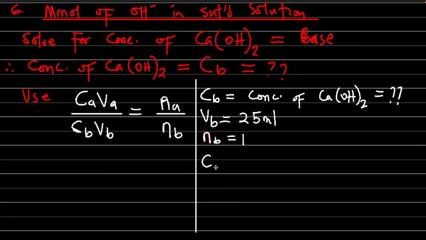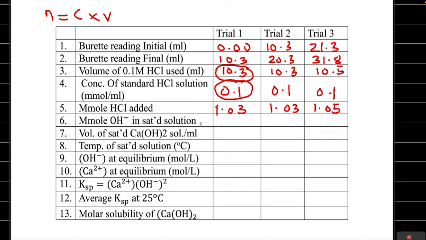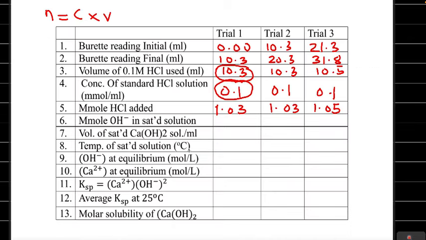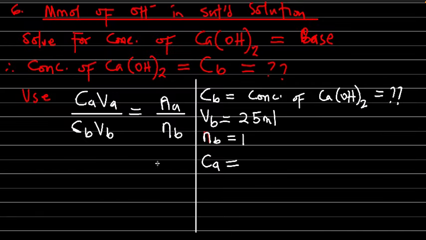Now, for the acid, Ca, recall that they already gave us the concentration of the acid in this question to be 0.1 molar HCl. And when we converted this to millimole per mil, we still got 0.1. So the concentration is 0.1. You can call it molar, or say millimole per mil. I can call it molar because the milli will cancel the milli, leaving us with mole per liter.